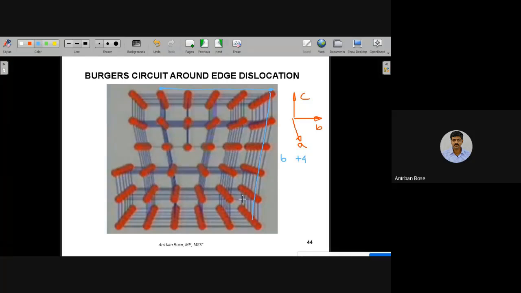You are drawing the Burgers circuit around the defect, but remember, you always have to draw the Burgers circuit in a region where it is a perfect part, but around that defect. This is the defective region here, and we are drawing the Burgers circuit a distance away, such that it will enclose the defective region. In the downward direction, that means the C direction, it has moved by minus 5.